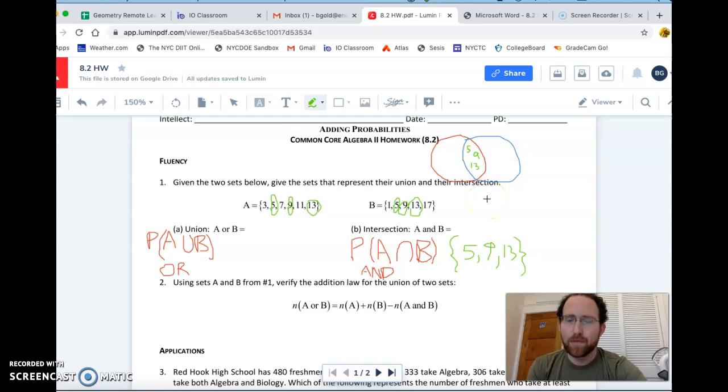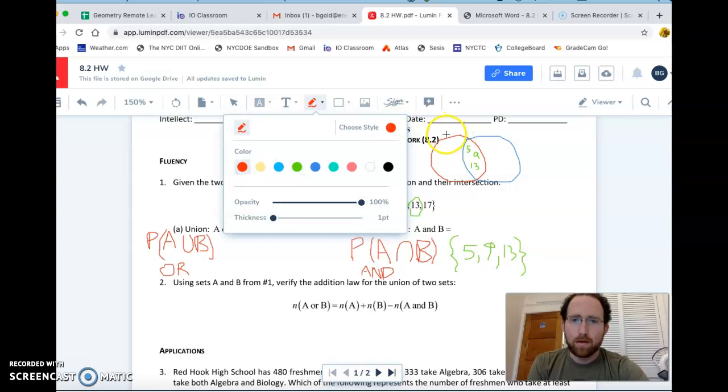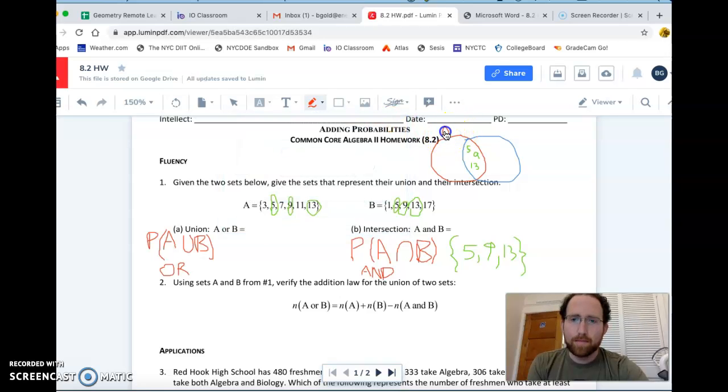That's the intersection. Now let's look at A. I'm going to flip back to the red. 3, 7, and 11 are what we have left. So that's going to go right here: 3, 7, 11.